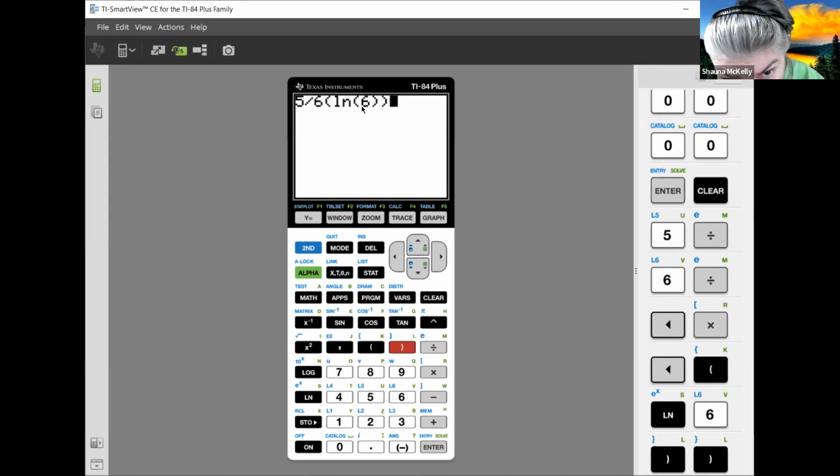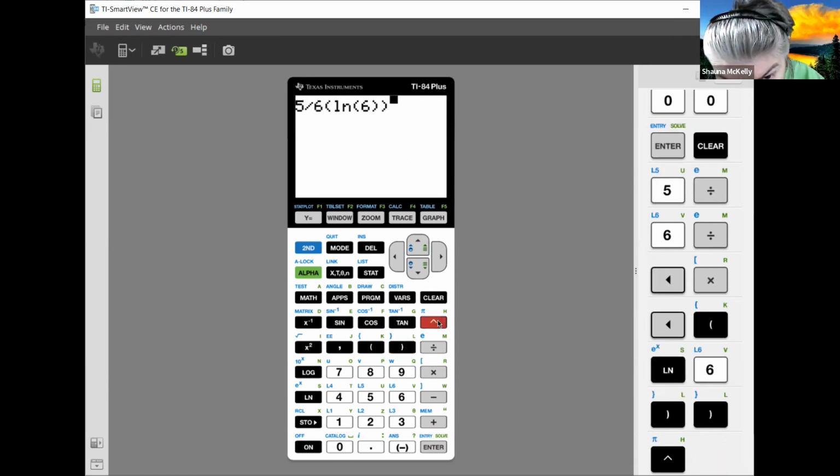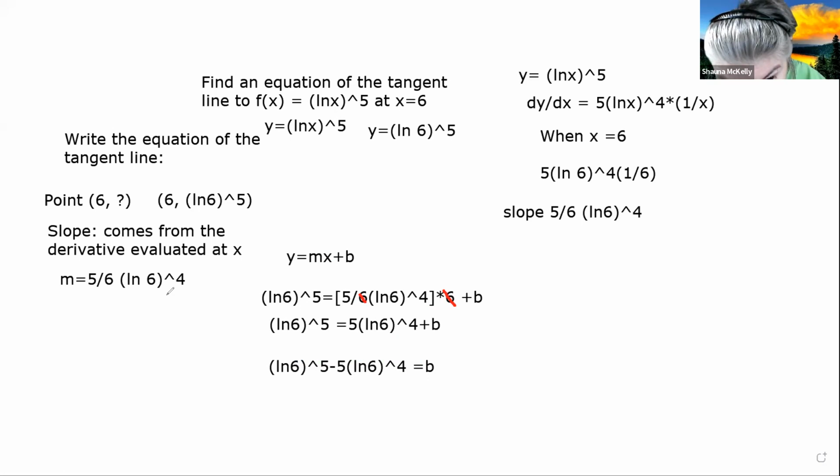Once again, once for the 6 and once for the ln. Raise it to the 4th power, or ln 6, excuse me, let me go back. My expression was ln 6 to the 4th. So I'm going to do this now.